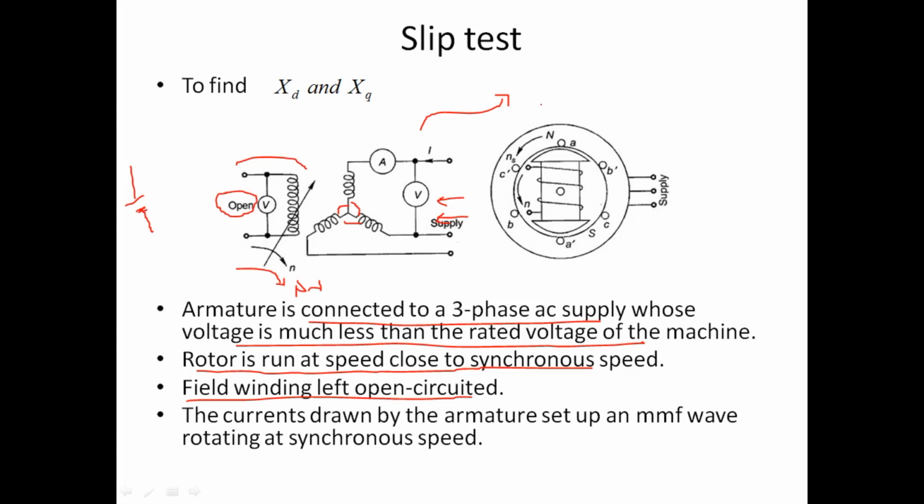You may have studied in the case of the induction motor, a rotating magnetic field will be produced. That means a magnetic field is produced corresponding to this stator, maybe in the air gap, and it is rotating at a speed Ns. That is very important.